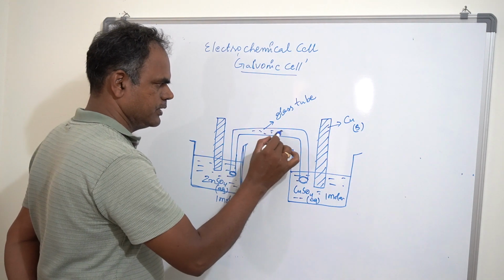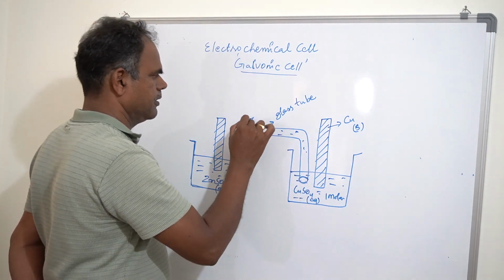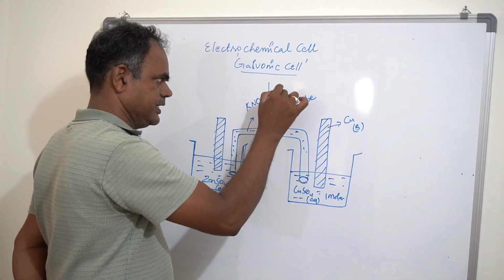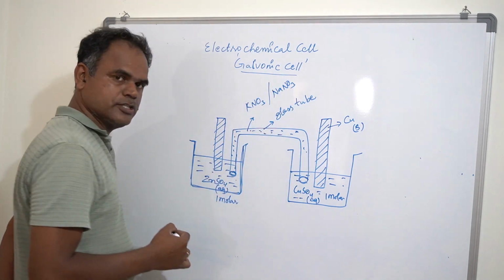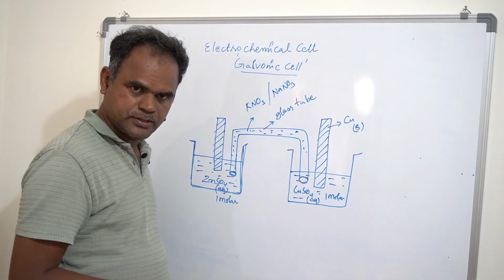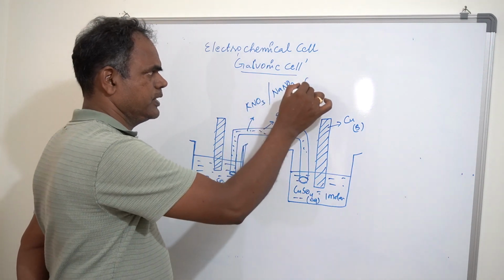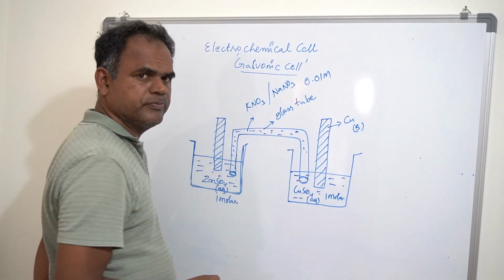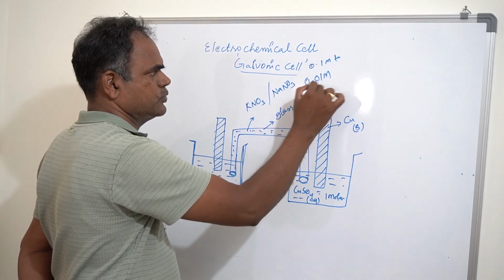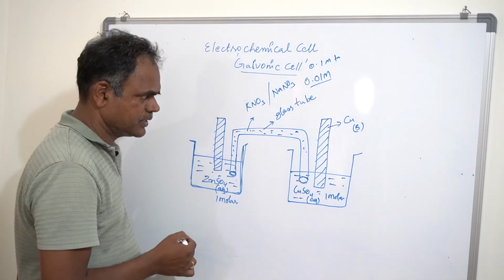and this glass tube contains a solution. So a solution of potassium nitrate or sodium nitrate, saturated solutions of potassium nitrate and sodium nitrate or ammonium nitrate. The concentration is approximately 0.01 M, or you can start the concentration at 0.1 M to 0.01 M for the saturated solutions you should take.